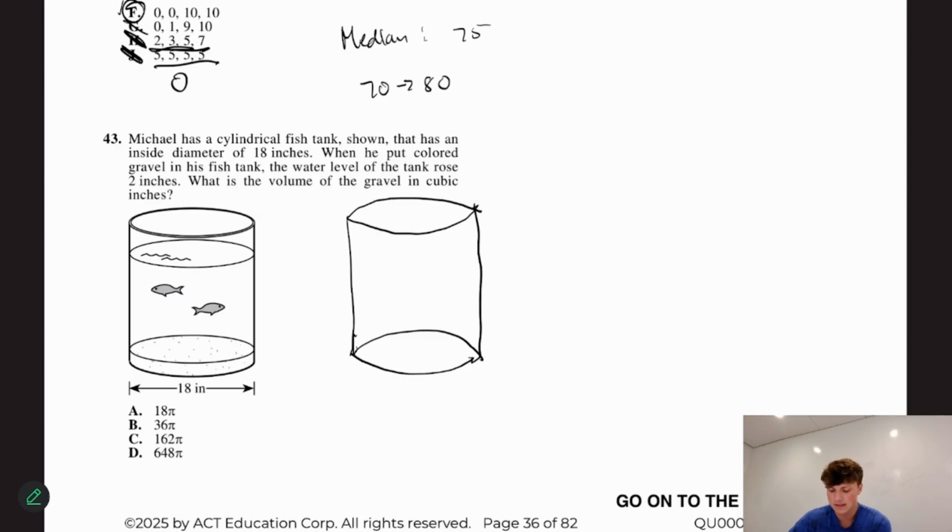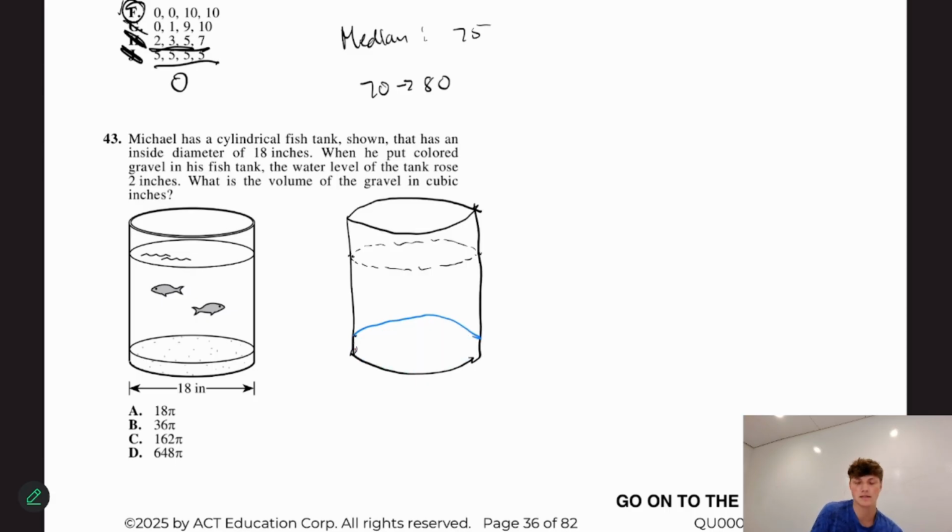So in the previous scenario, here is our water level with our fish, and the gravel hasn't been put in. And then when we put the gravel in, there's water down here, right? Specifically in these bottom 2 inches. When the gravel comes in, that water can no longer be there.